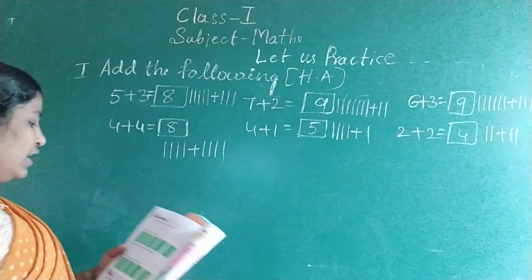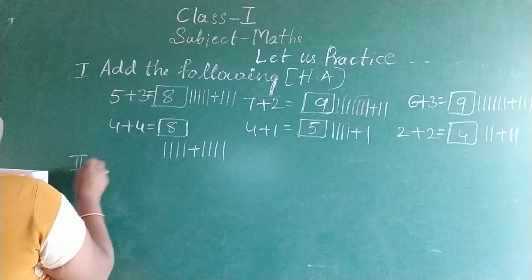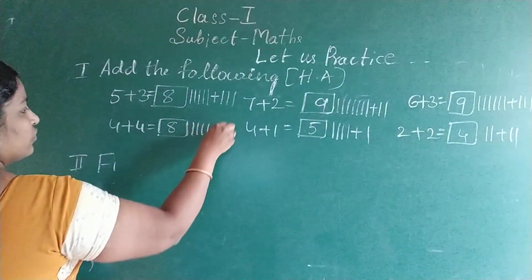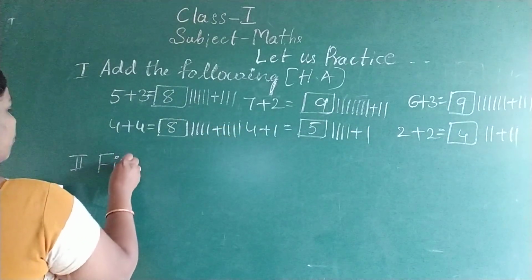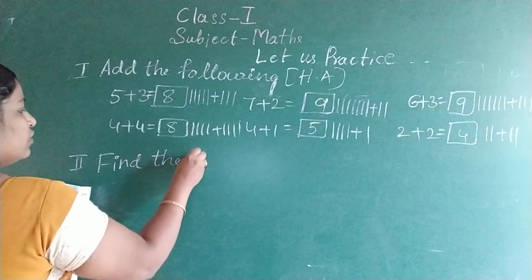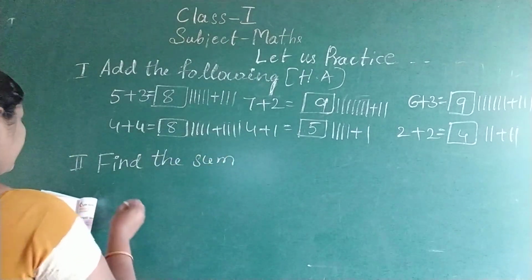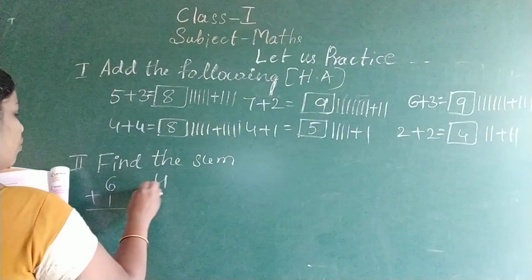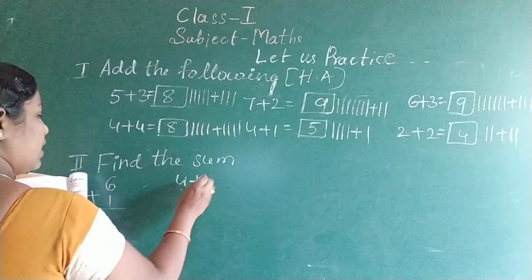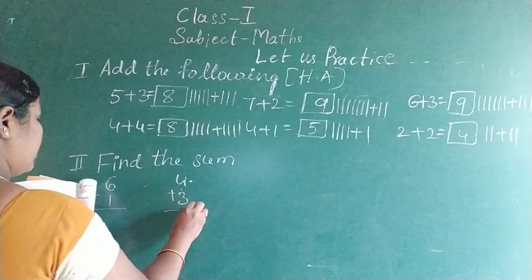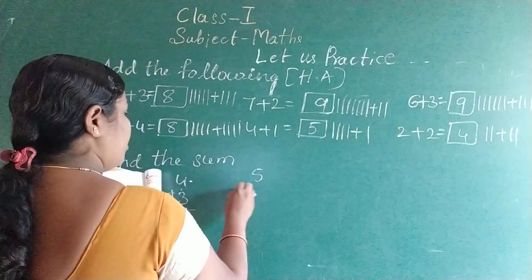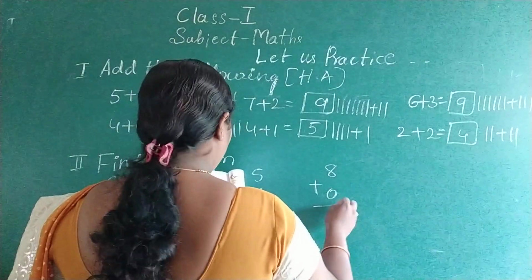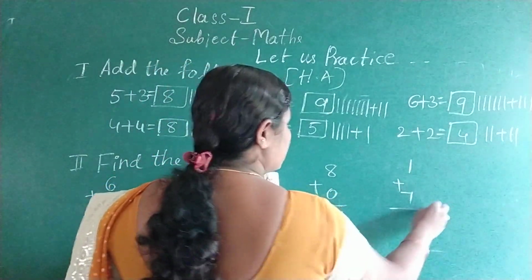Next, find the sum. Second one. Find the sum. 6 plus 1. 4 plus 3. 5 plus 1. 8 plus 0. 1 plus 7.